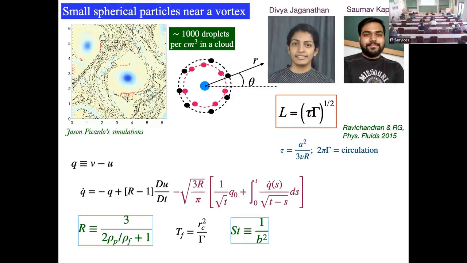So this is now the unsteady Stokes equation for a small spherical particle in this flow. Here Q is the difference in velocity between particle and fluid. In terms of this velocity difference, the Reynolds number is very small, based on the size a. So this is the complete unsteady Stokes equation for a spherical particle.